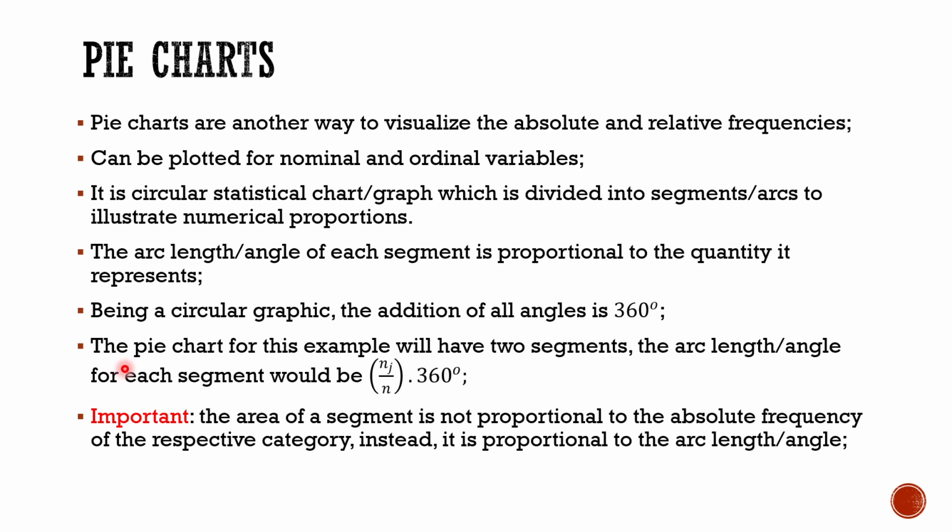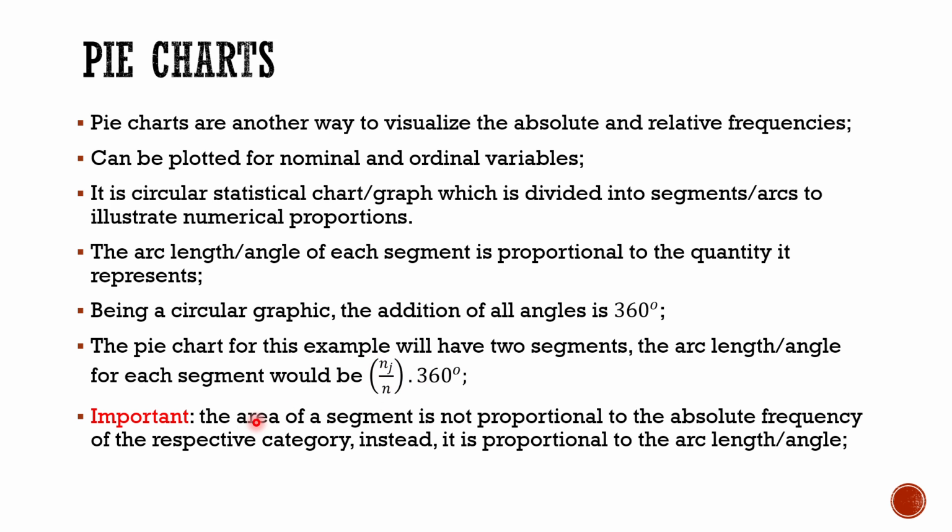And you can actually get the arc length or the angle of a particular segment by this formula: Nj divided by N, multiplied by 360 degrees. Here Nj is the absolute frequency of the jth category, and N is the total sample.